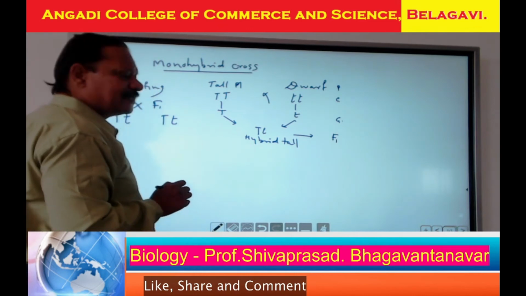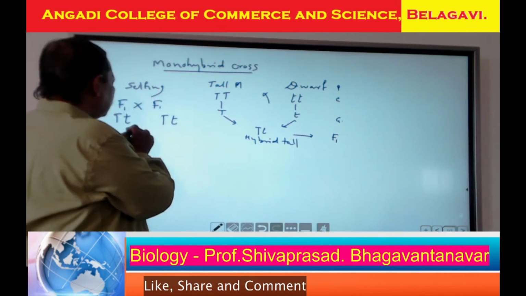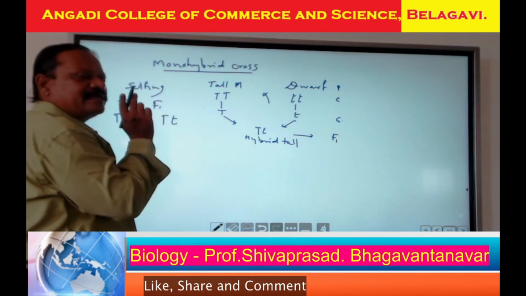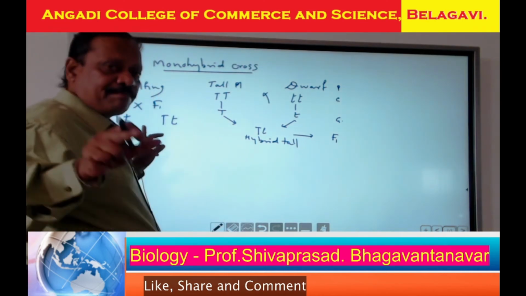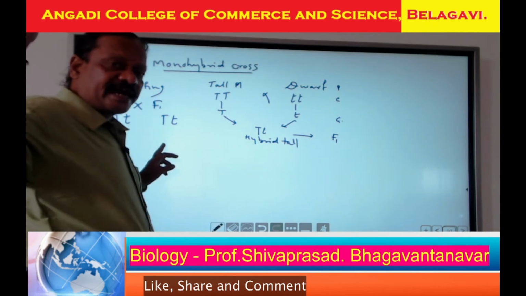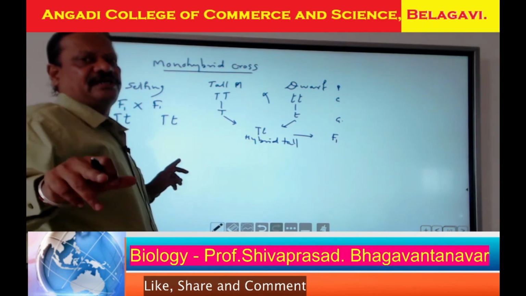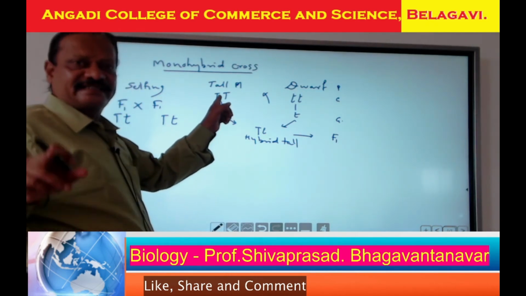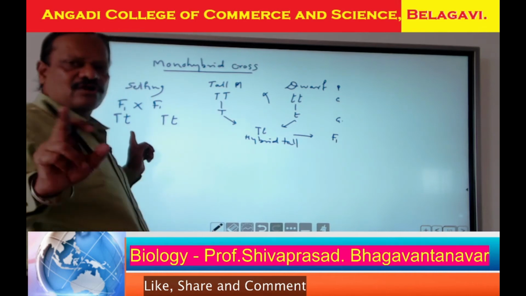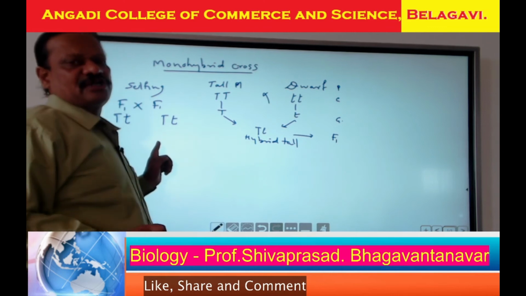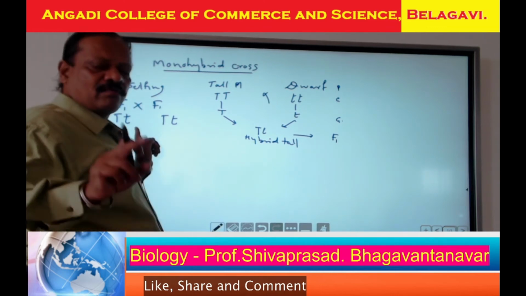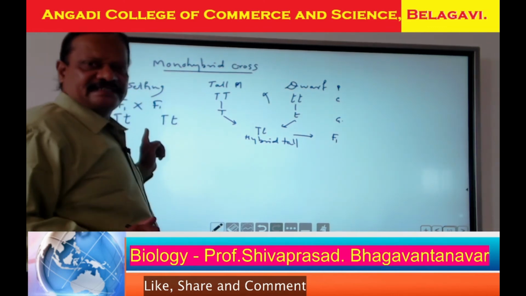So here you can see capital T and small t are combined. It is a hybrid condition and heterozygous in nature. Here it is homozygous, the same type, but here it is not homozygous, it is heterozygous. It is a combination of dominant as well as recessive character.